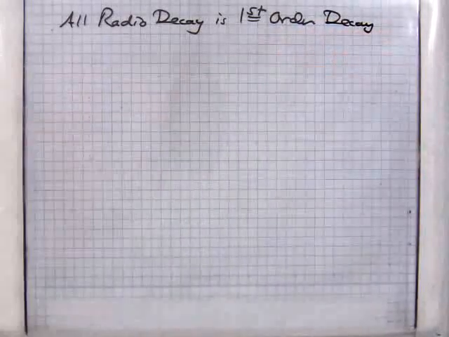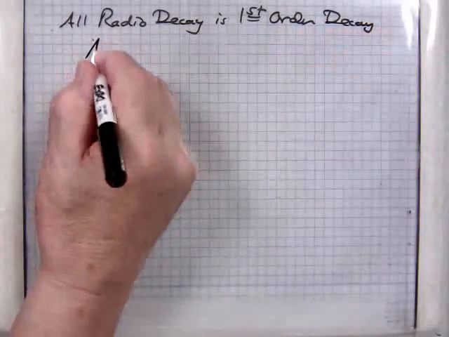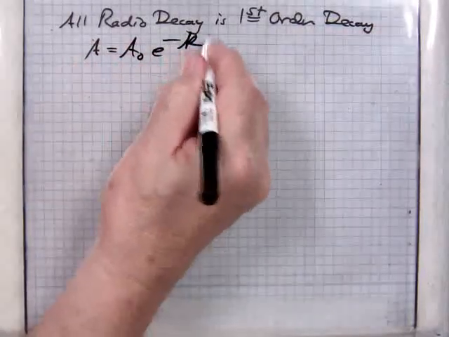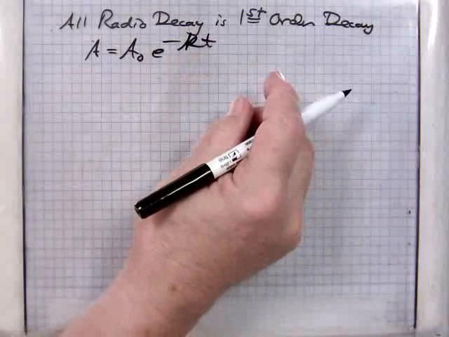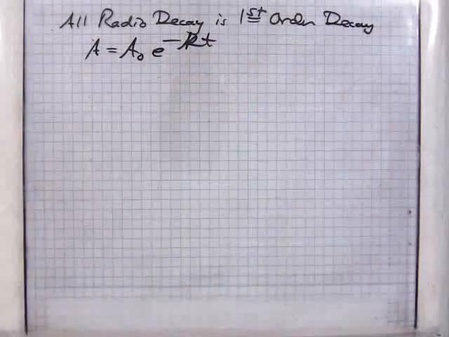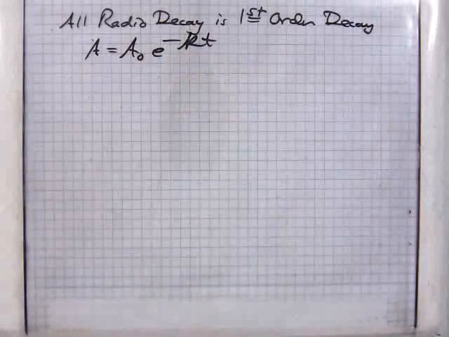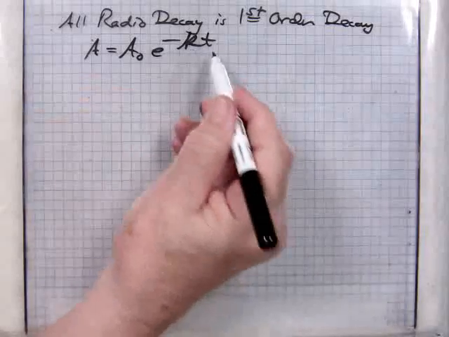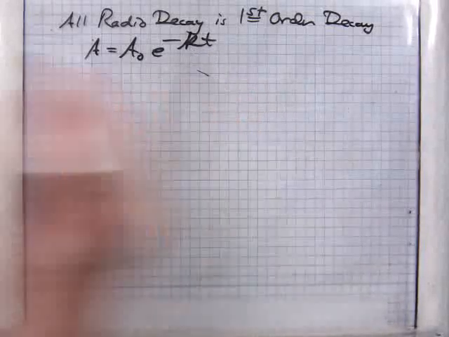That is, you can apply the first order decay equation, A equals A sub O e to the minus KT. And it is through this that you get radio dating of organic artifacts as well as inorganic artifacts by determining whatever the K value is for that decay system.